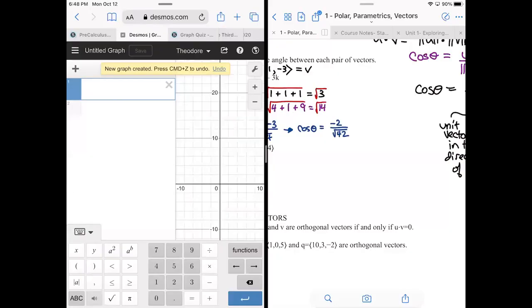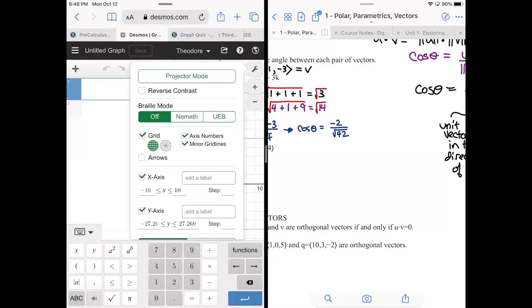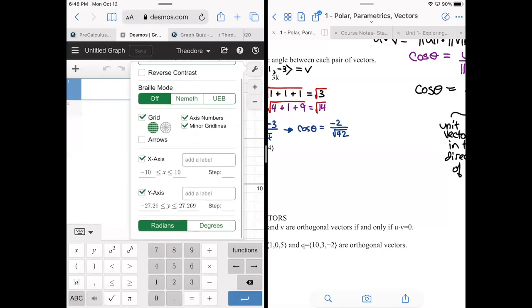Resume recording. All right, so I hit that little wrench there. I just want to make sure I know what mode I'm in. If you want to go back to radians or degrees, pick the one you want. It doesn't make a difference as long as you use the appropriate notation based off of the mode that you're in.